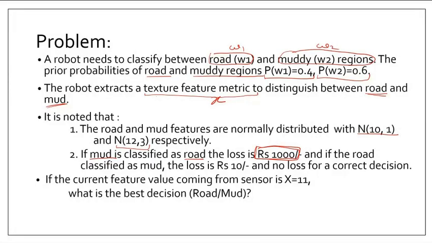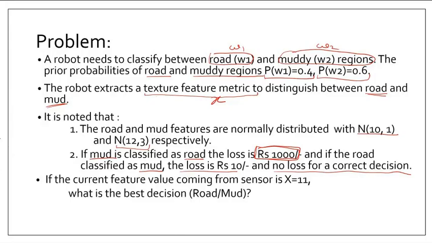If the road is classified as mud, then the loss is 10 rupees, because of some reason, and there is no loss for a correct decision. So this is the situation. Is this understood?